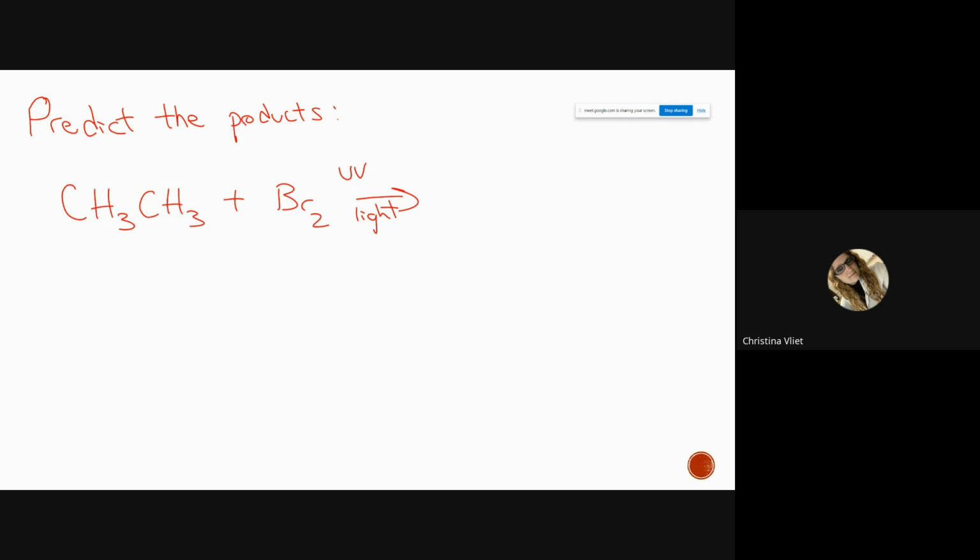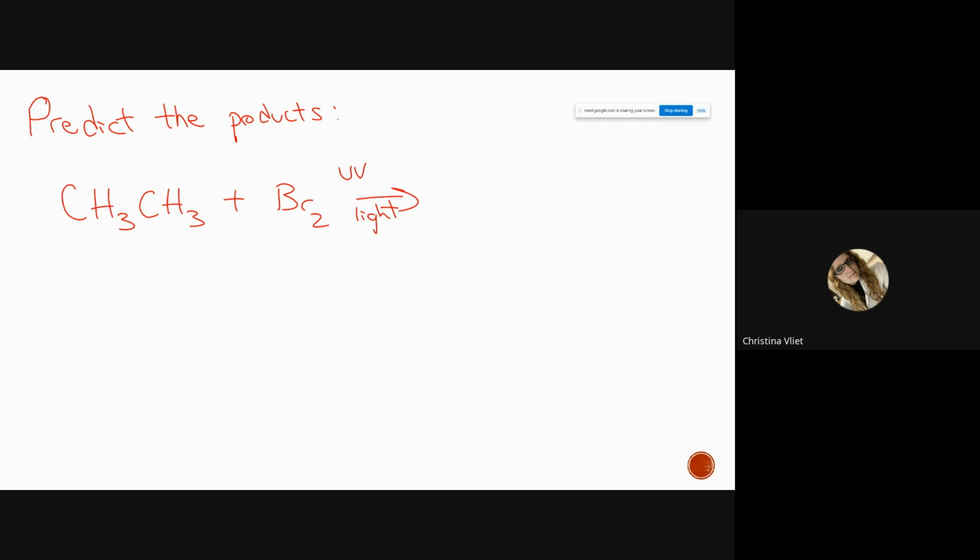What happens here? If I just am doing the major type of reaction, reactants to product, what do we do? What's the type of reaction? Free radical substitution.